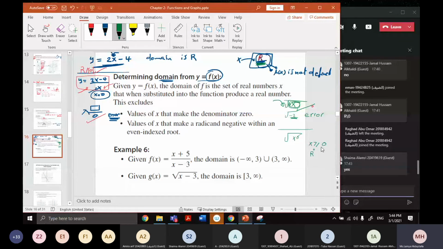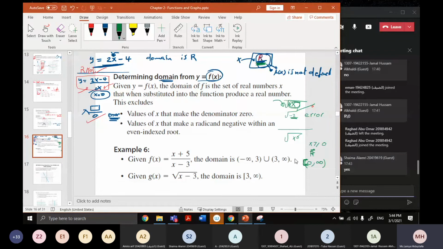Of course R plus sometimes doesn't include the zero. It's much better that you write from where to where: from 0, closed like this, because 0 is no problem to substitute with, and up to infinity. I can write it like that as well.